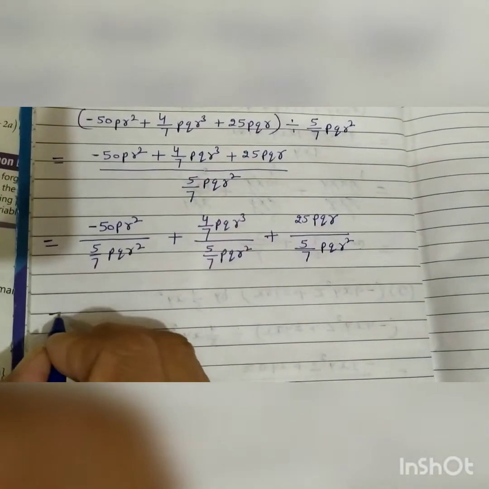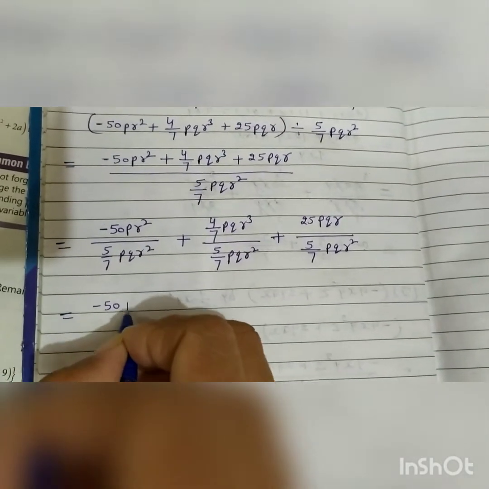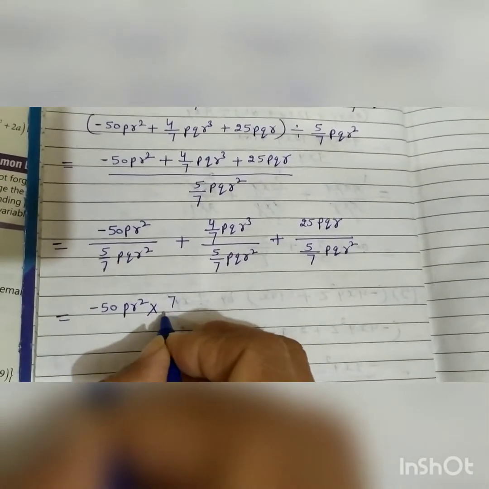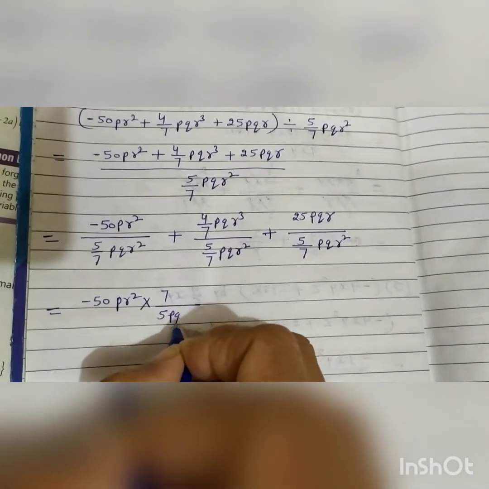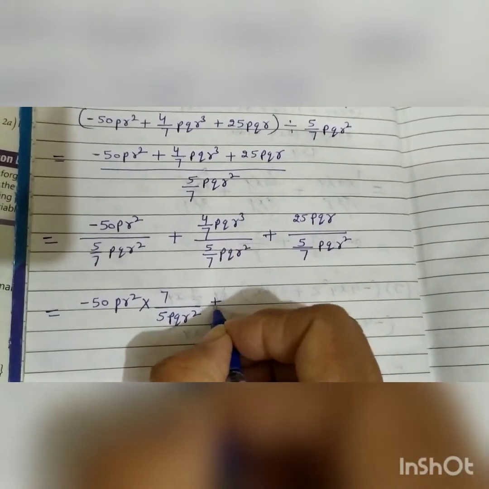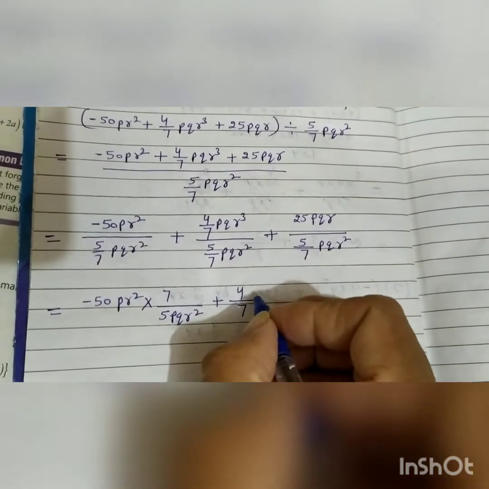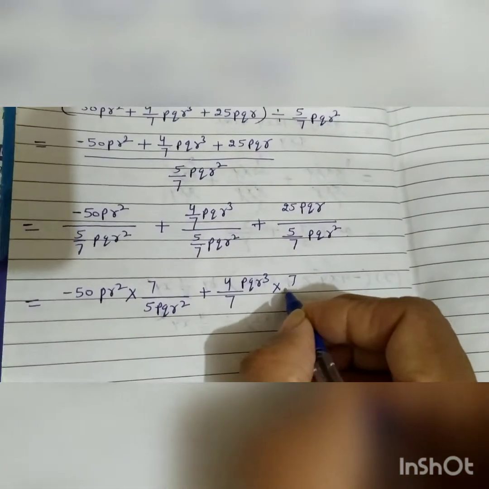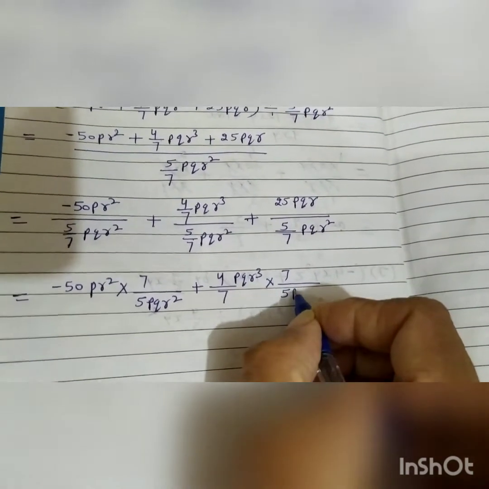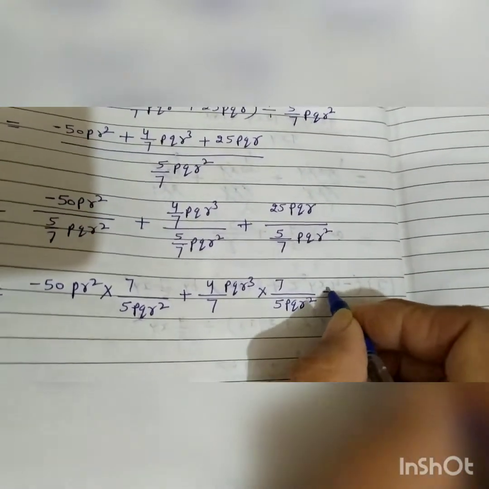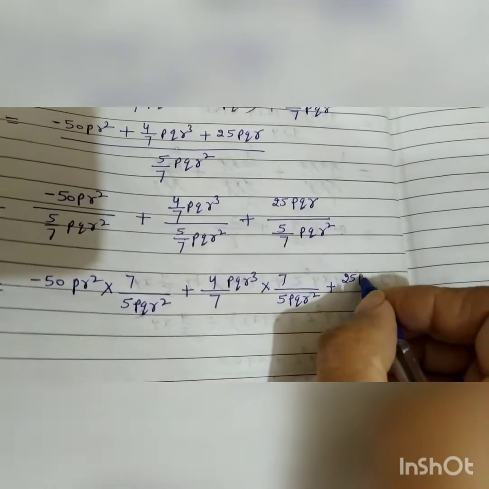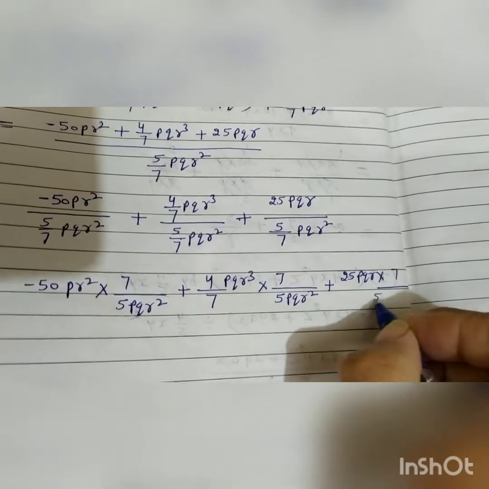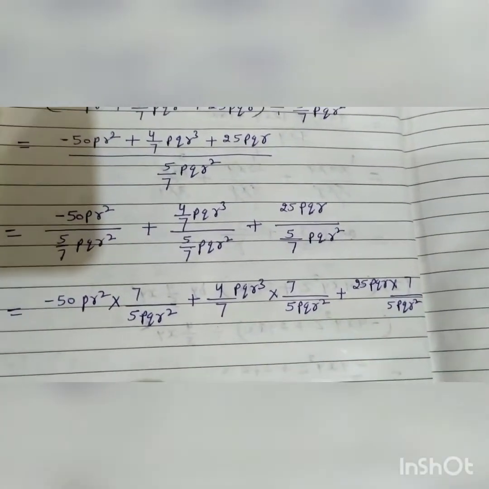Now write minus 50 PR square, then multiply this by 7 upon 5 PQR square, plus 4 upon 7 PQR cube multiply this 7 upon 5 PQR square, plus 25 PQR multiply 7 upon 5 PQR square.